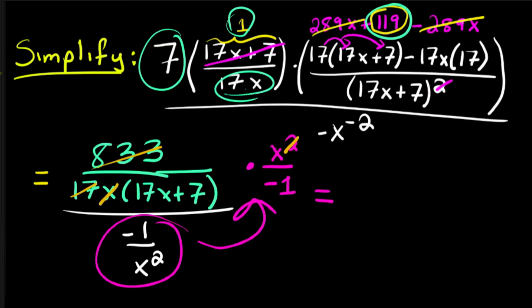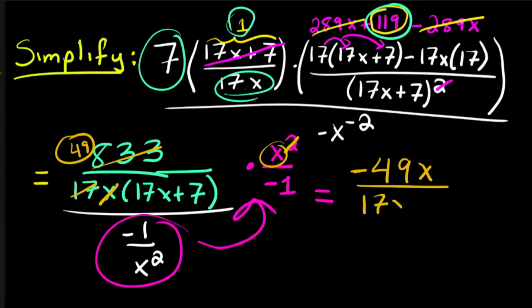If I divide those, I would get 49 for this guy. And so then this is equal to 49, and then I've got x here, over, this is going to be negative, so I'm going to put the negative right there, and then over 17x plus 7. And that's it.